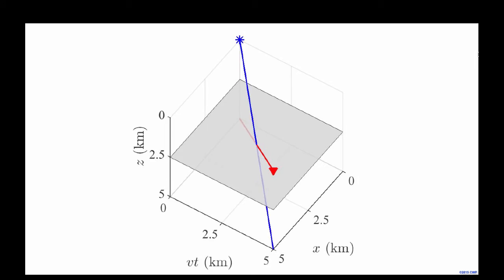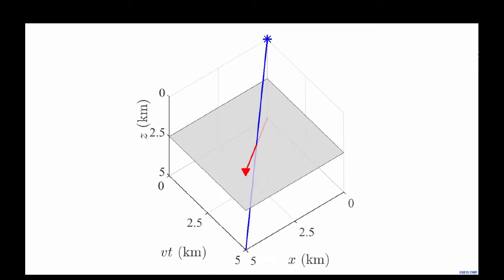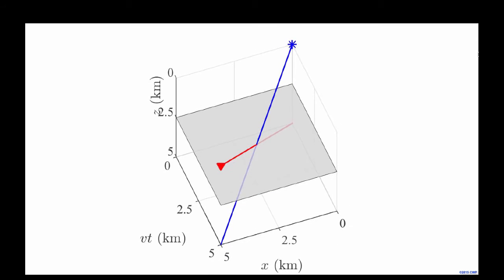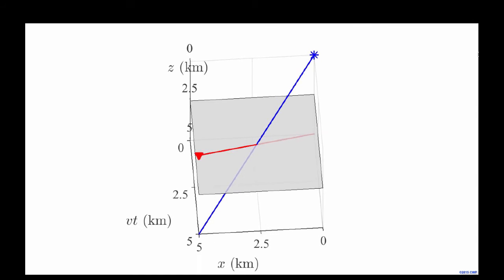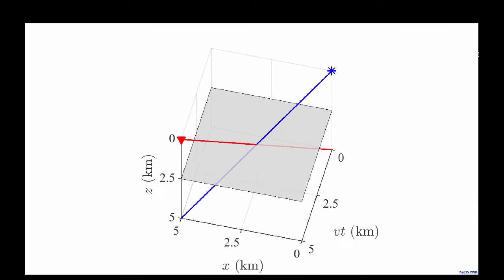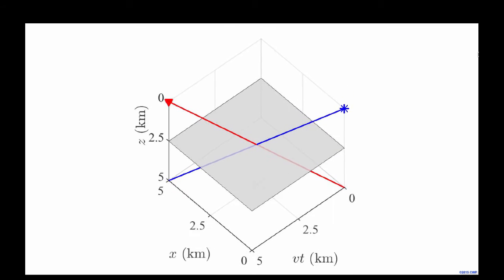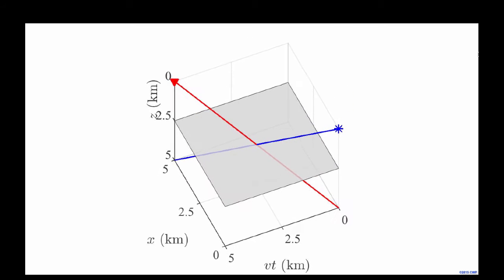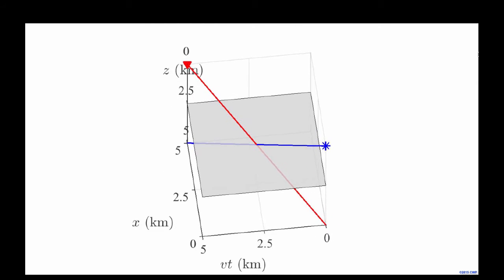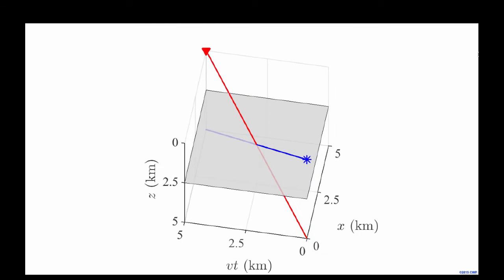So in this case we can see the full space-time character of those wavefields. And you can see that the only location where the source and receiver wavefields coexist is the reflection location. So this is the operational principle behind the conventional image condition.